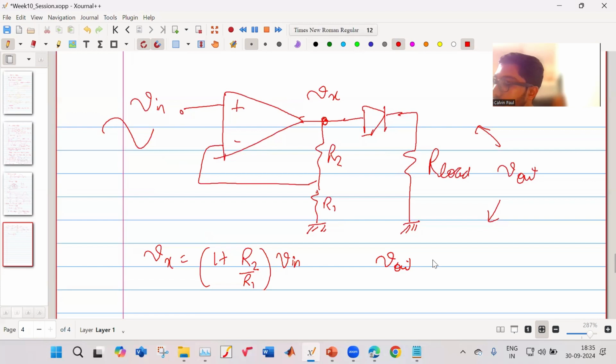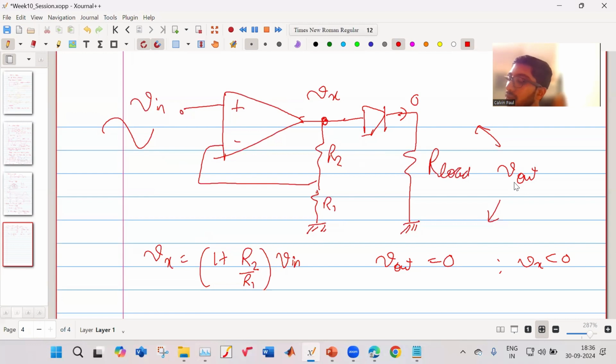V output is equal to 0 if Vx is less than 0, because if Vx is less than 0 it means your diode is reverse biased. So no current will flow. So the current here will be 0. So your output voltage will be 0.